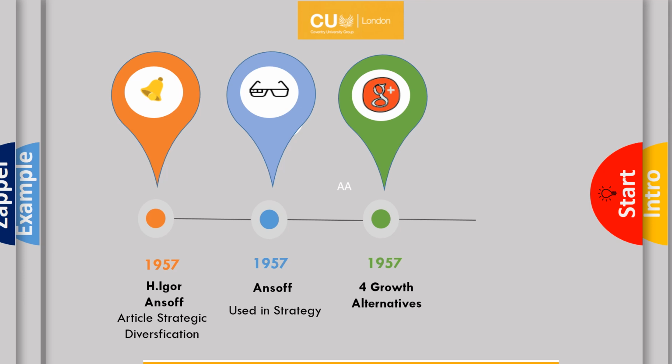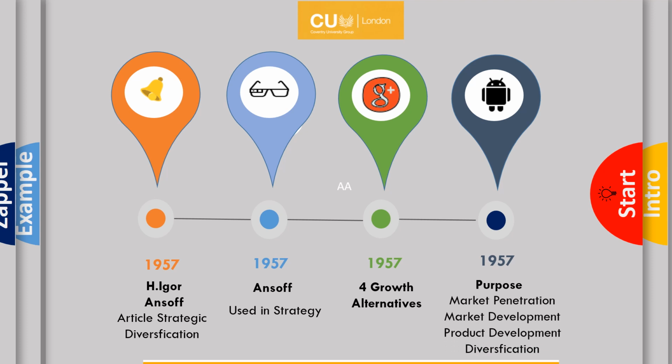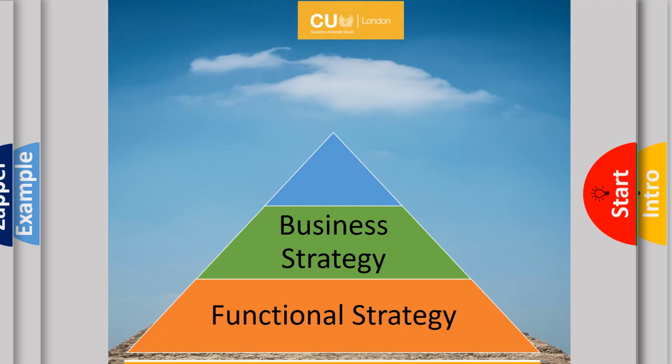There are 4 growth alternatives within this model: market penetration, market development, product development, and diversification. We're going to go through these in more detail, showing examples using the case of Tesco.